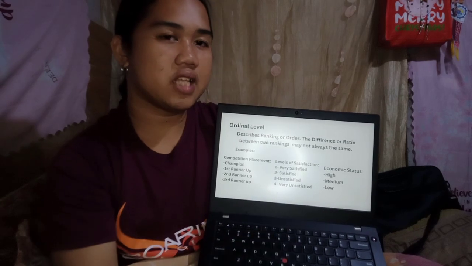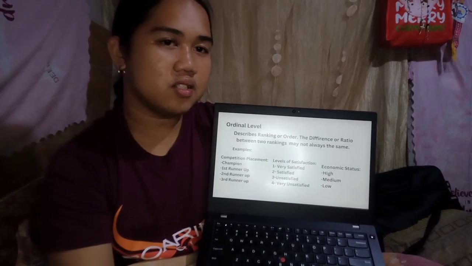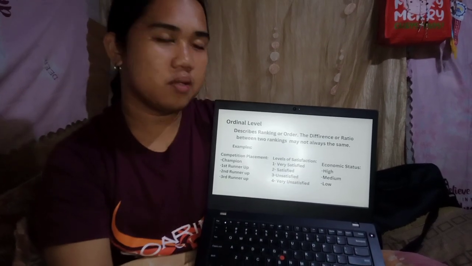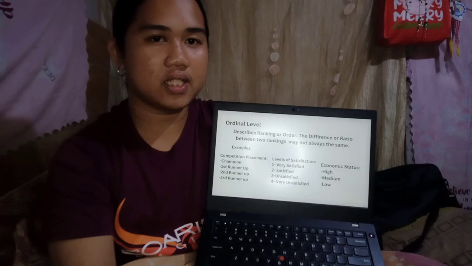Same goes with our third example, which is the economic status, having a high level status, medium level status, and low level status.